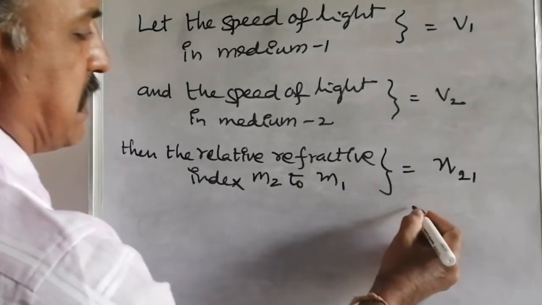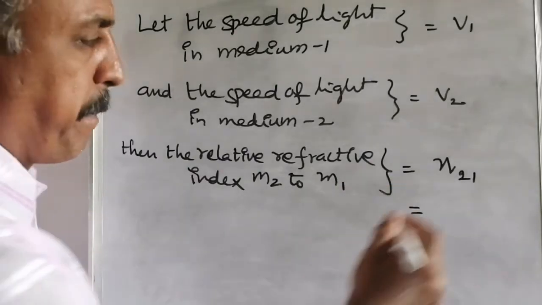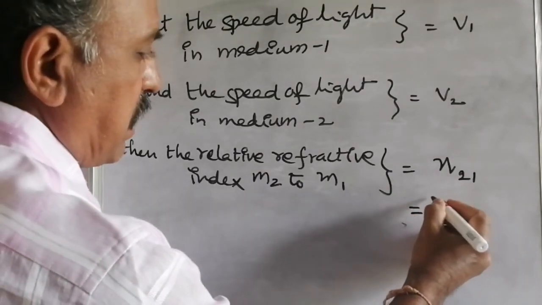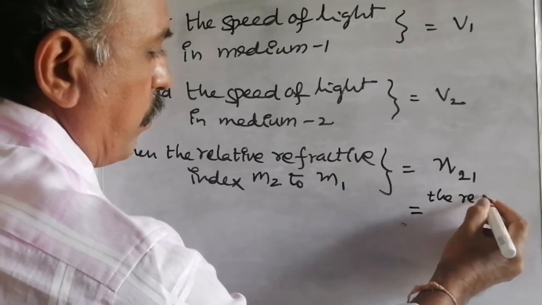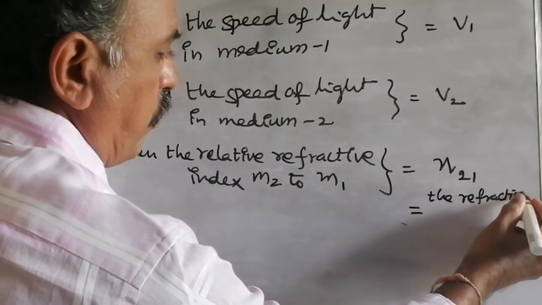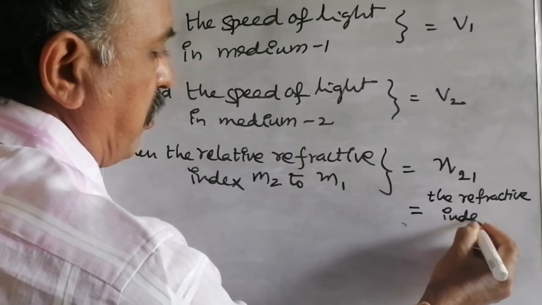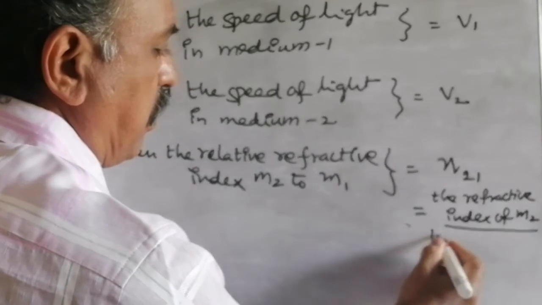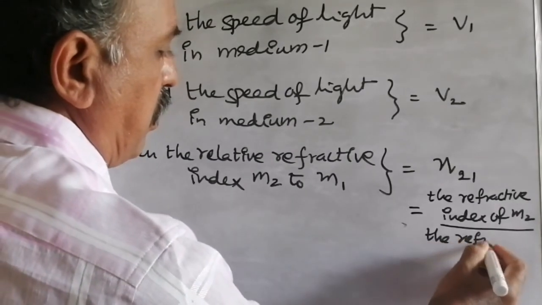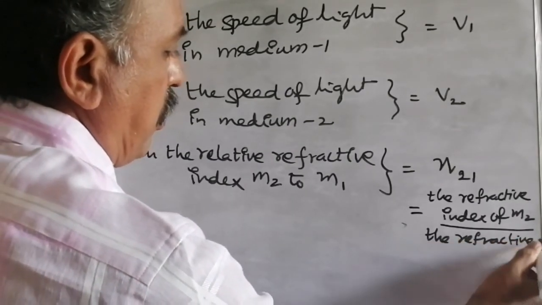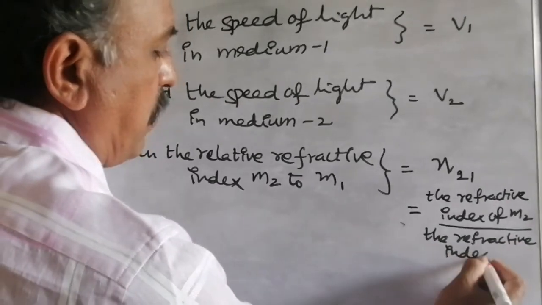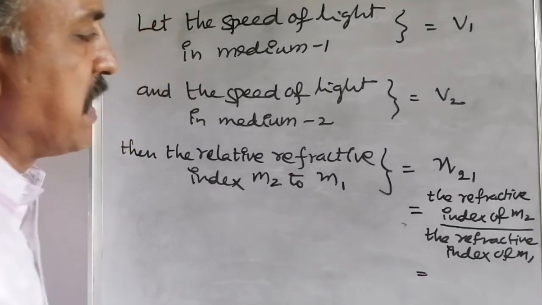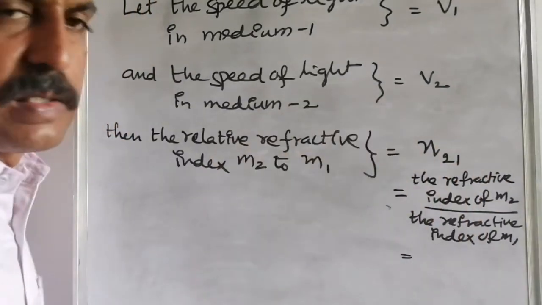It can be written, since medium 2 came first, as the refractive index of medium 2 divided by the refractive index of medium 1.